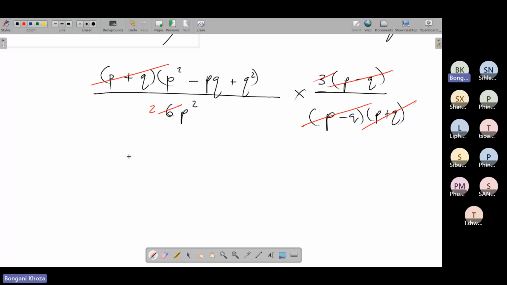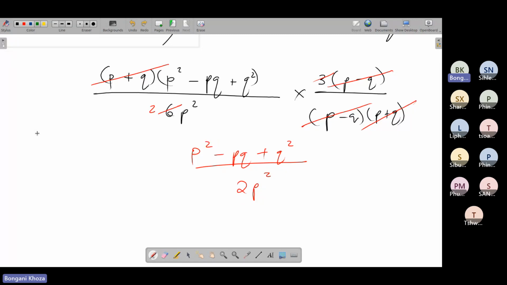So what we are left with is just p squared minus pq plus q squared over 2p squared. So this is 3 terms. We cannot say this goes out with that, because this is now 3 terms.